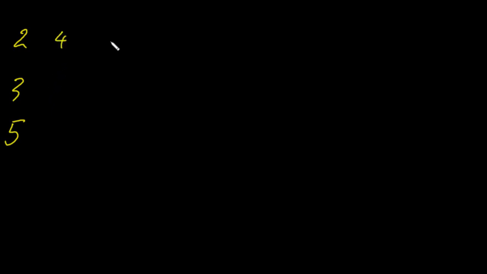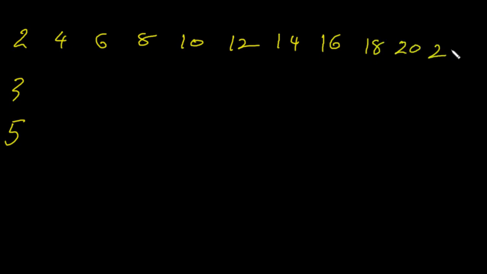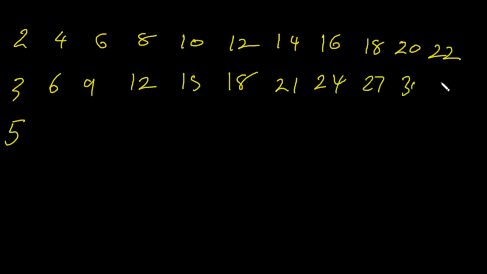So we have 2, 4, 6, 8, 10, 12, 14, 16, 18, 20, 22. We'll go up to 22. And we'll list our multiples of 3: 3, 6, 9, 12, 15, 18, 24. And lastly, our multiples of 5.